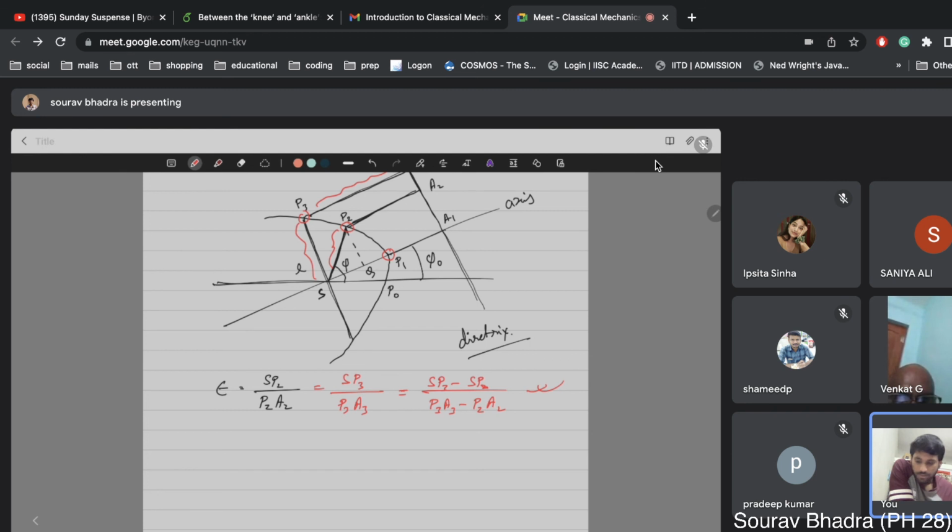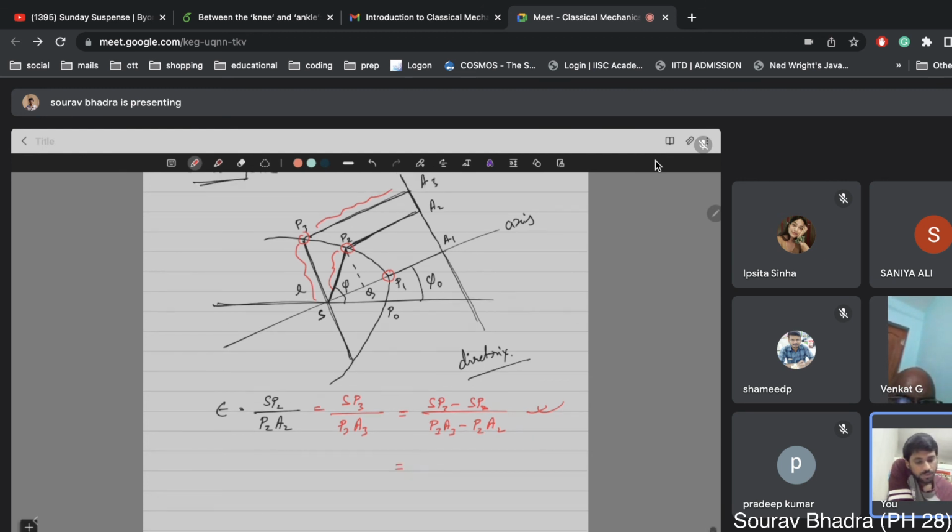Okay, so if you use this, now SP3, which I have written as L, the semi-latus rectum, and SP2, let us call it R. This is a particular distance from the focus.